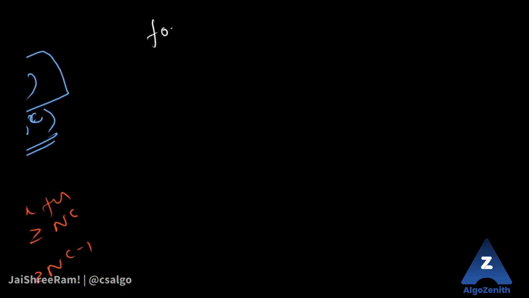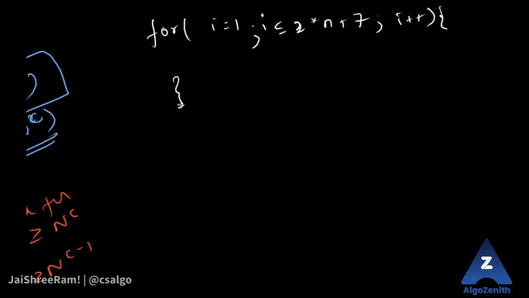So let's suppose you have something like this: i equal to 1, i less than or equal to, let's take 2 into n plus 7, i plus plus, and you do some constant work, like one or two instructions. Let's suppose you do 3 instructions here.